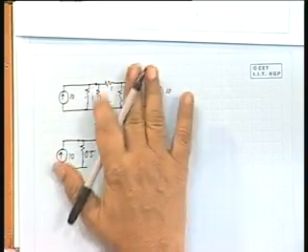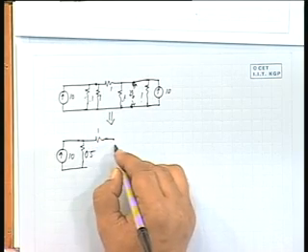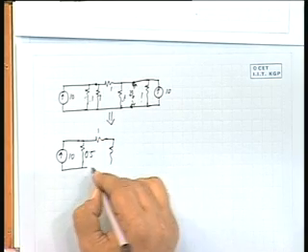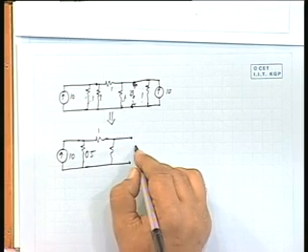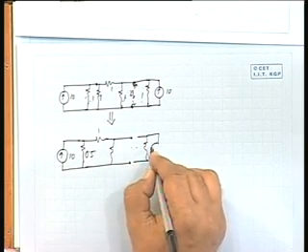Let us reduce this network. So, 1 and 1 has been reduced to 0.5, 1 ohm, then 1 ohm, and this side is retained as it is.